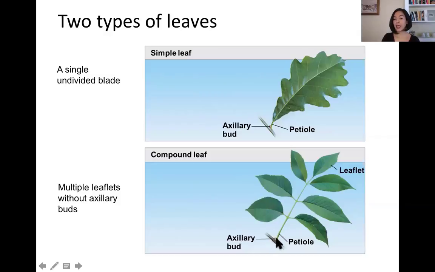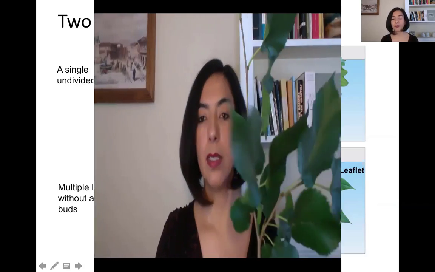So in here we have this axillary bud that is telling us that all of this is a leaf, that it got modified through evolution. So let's take a look at this, and hopefully we can put this in focus. You find this leaf, and then you find the axillary bud. And the axillary bud is right here.